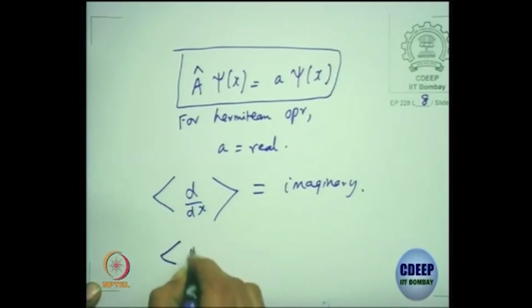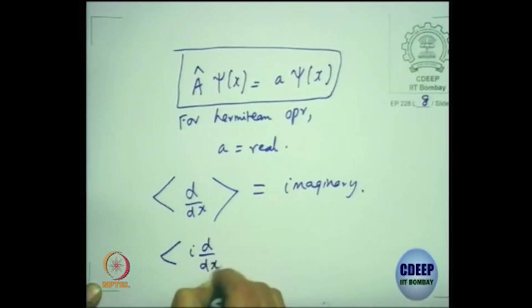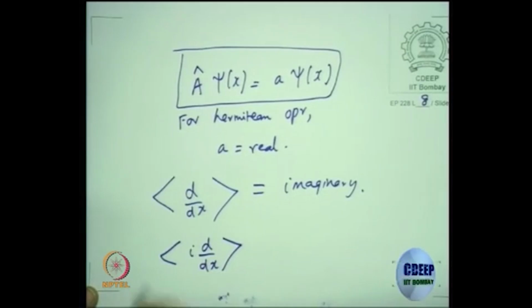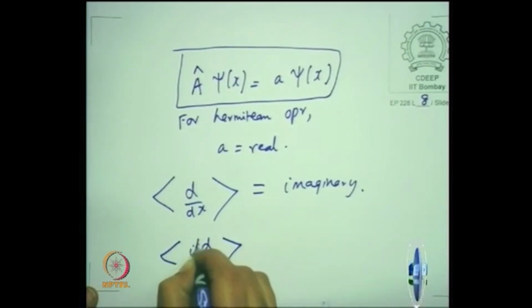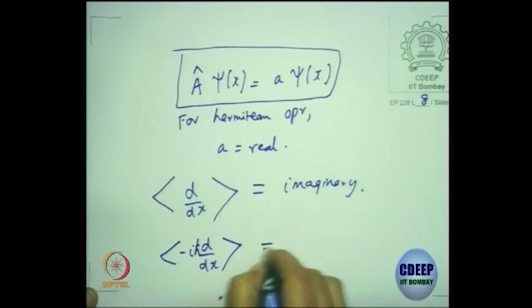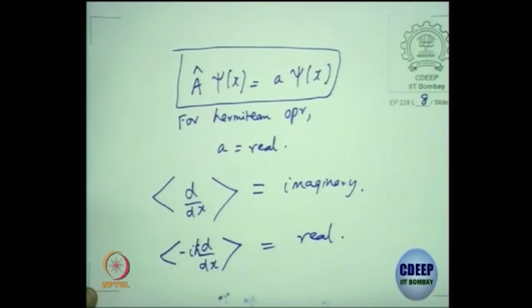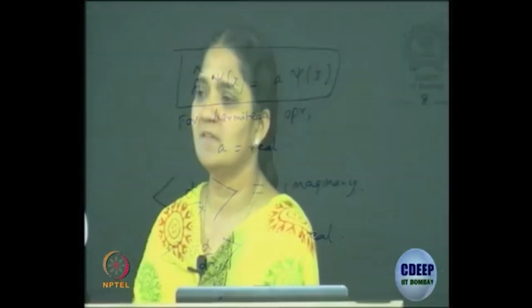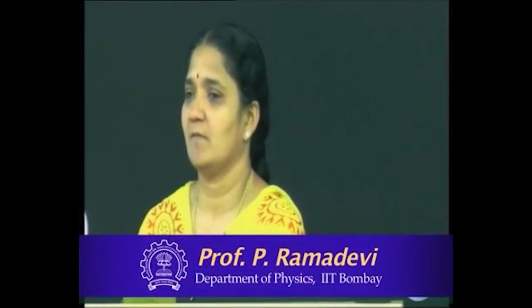So that's why we do this i d by dx. Of course, with dimensional things you have an h cross also with a negative sign. This will be real. I'm sure you would have done this in one of the assignment problems: the expectation value of del by del x is imaginary. Have you done this or no? If you have not done it, please do it.